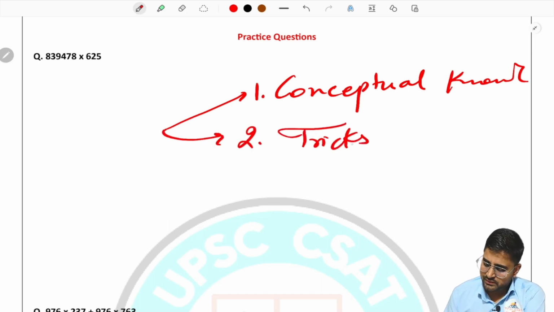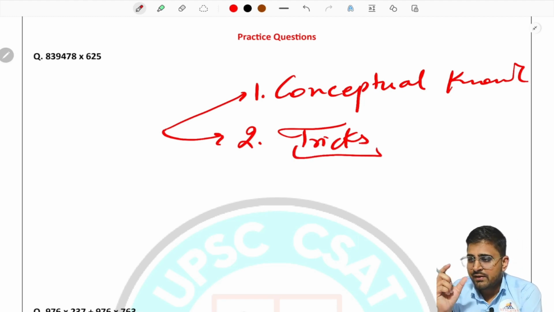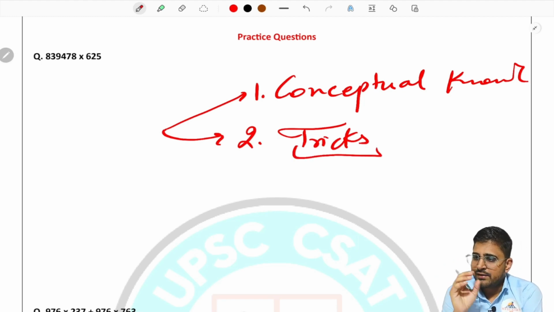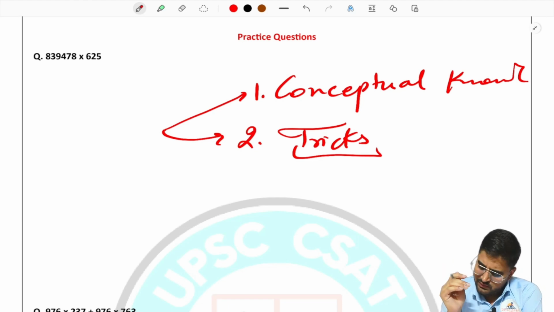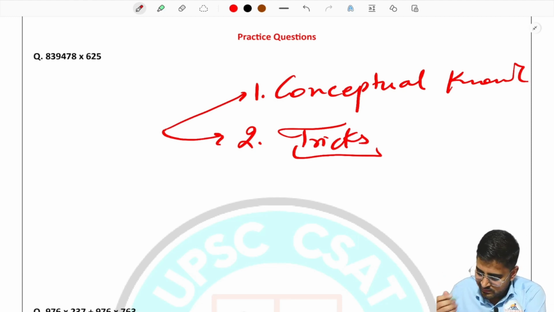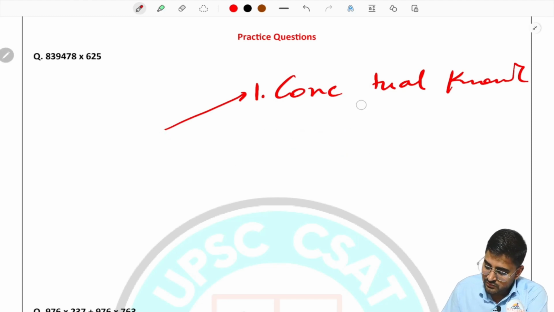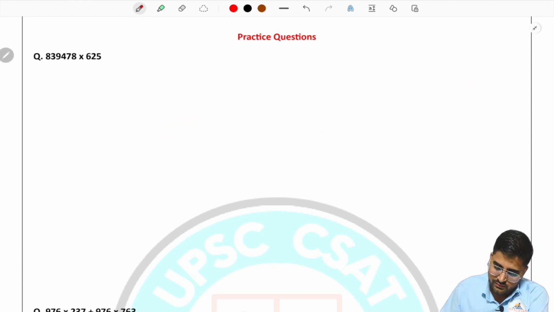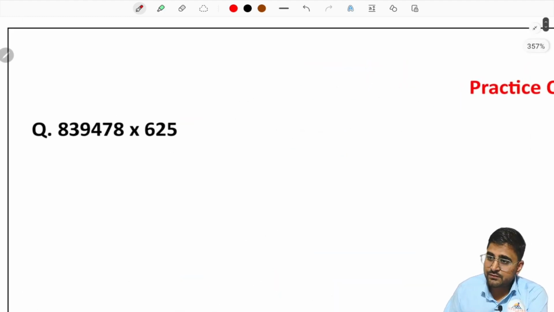There's nothing called a trick. It's basically a very shortened pattern to solve any kind of question. But we will use this terminology trick because it is loved by the market. It's a selling point for some famous teachers. So we will call it a trick also. These are the two components we are going to cover. Now start with the first question.